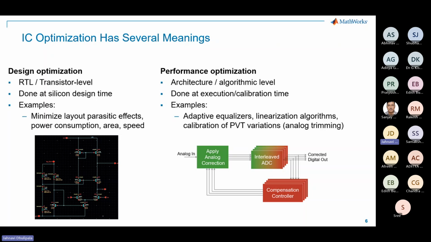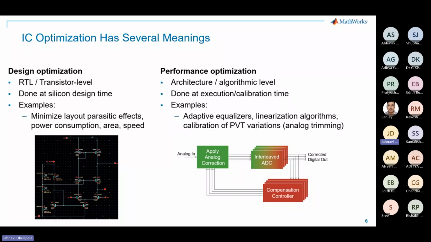IC optimization can refer to various processes, and today we will explore two types. First, we will discuss design optimization, which occurs at the transistor level during silicon design. We analog design engineers first go with the transistor level modeling, and there we face some challenges and do the optimization.